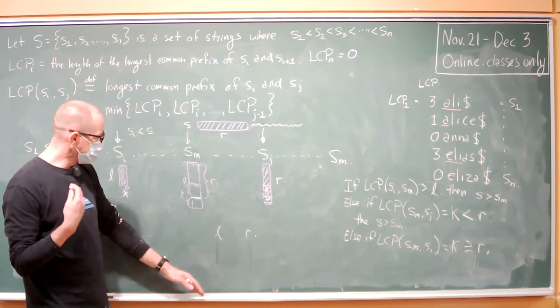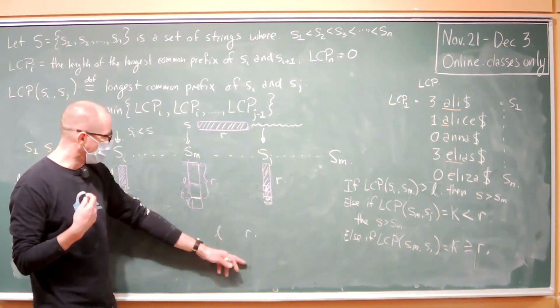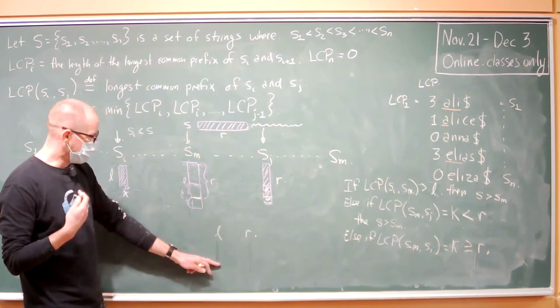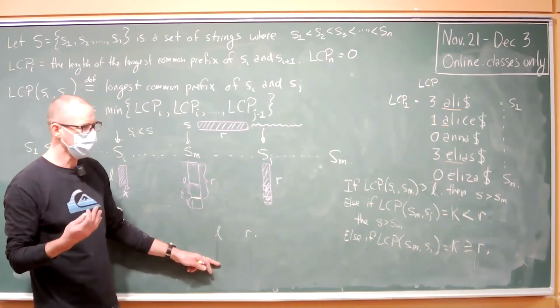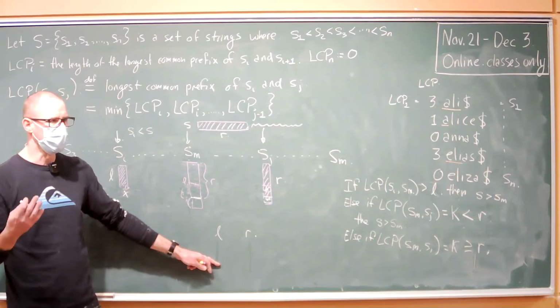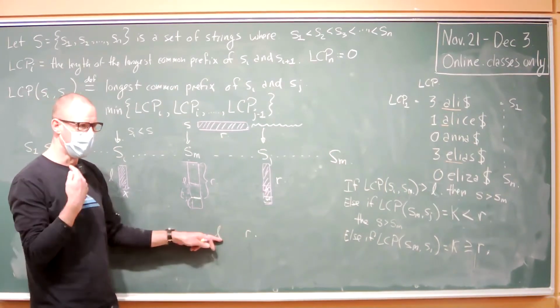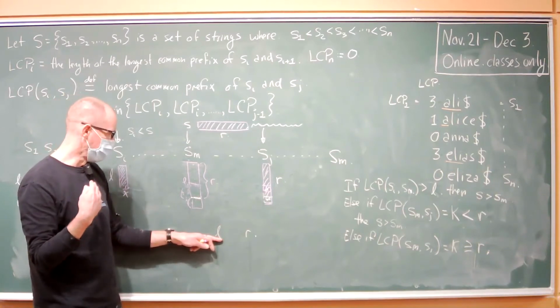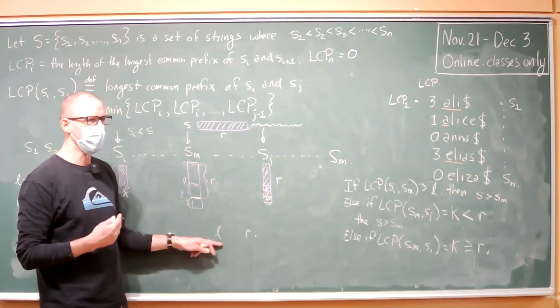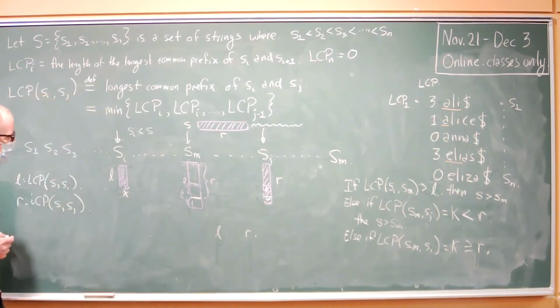But the point is that the work that I spend making them go up is not more than 2 times the length of the string that I'm searching for, because neither of these could ever get bigger than the length of S, because they tell you how much of S matches with the string on the left and the right.